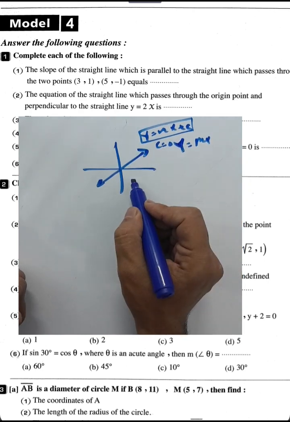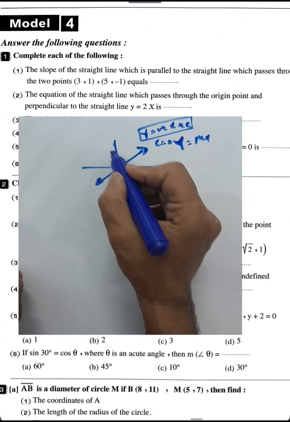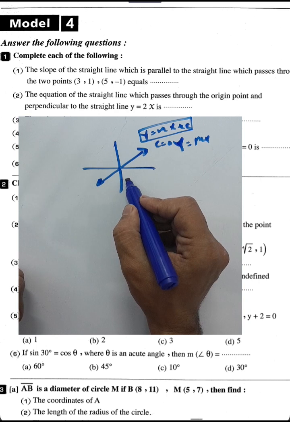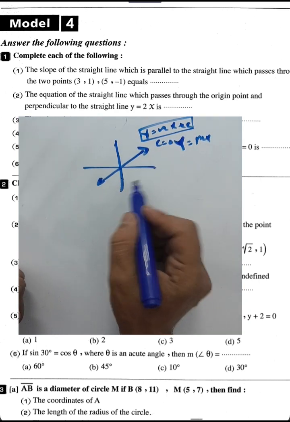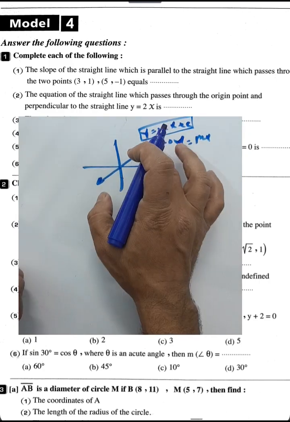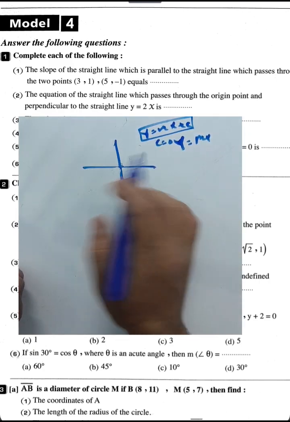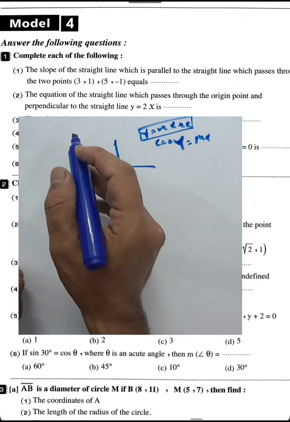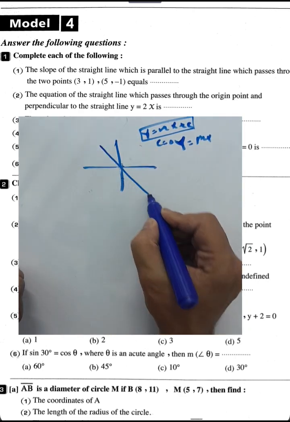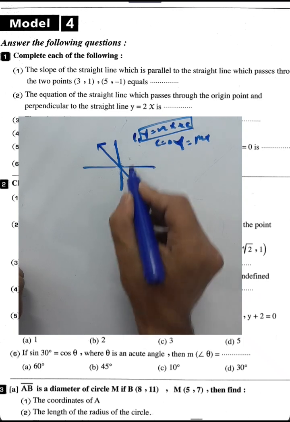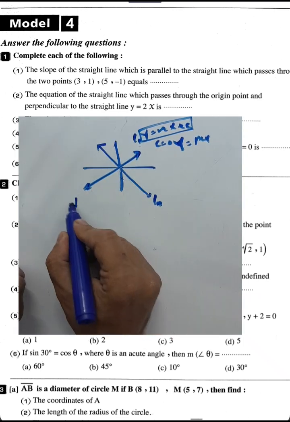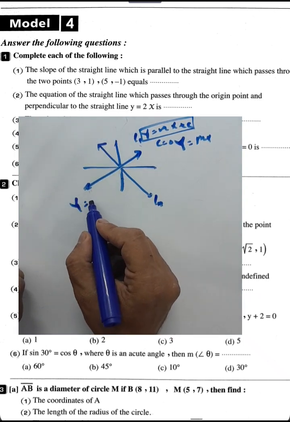It tells us this straight line is perpendicular to another straight line, y equals 2x. This straight line is increasing. For the equations of L1 and L2, it gives us the equation y equals 2x.